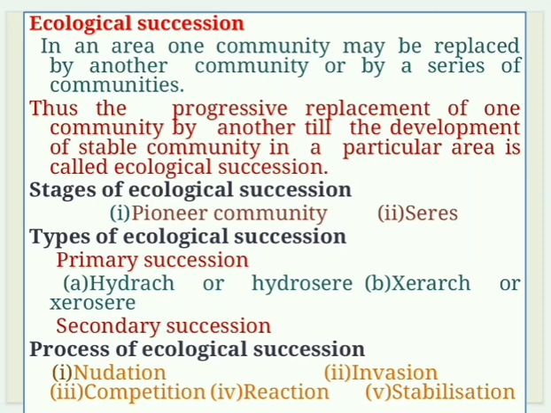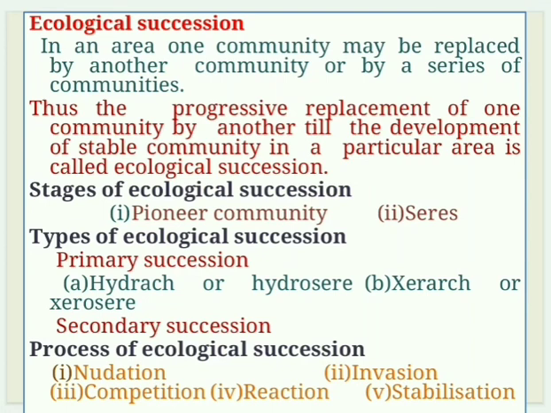Then coming to the types of ecological succession, there are 2 types. One is primary succession and another one is secondary succession. In primary succession, it is the gradual establishment of biotic communities on a bare land. See, nothing will be there. It's a bare land.